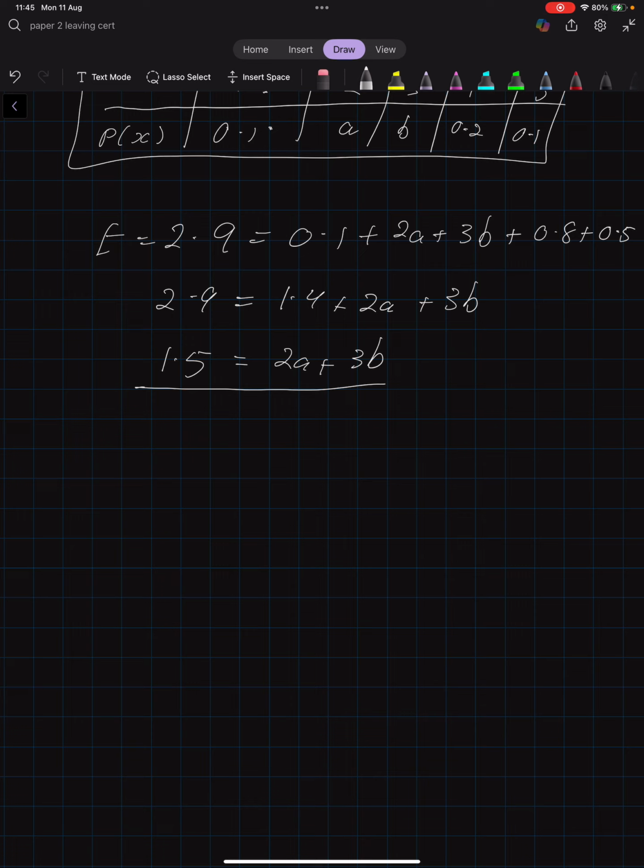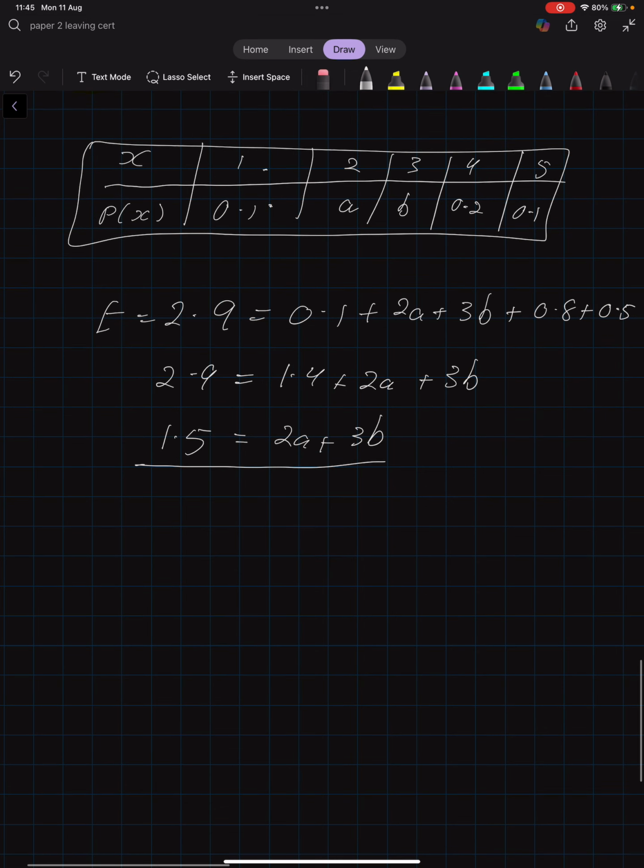I need two equations. So there's another equation that I need to make or figure out to solve this question. It's something to do with these, and you can try and think about it.